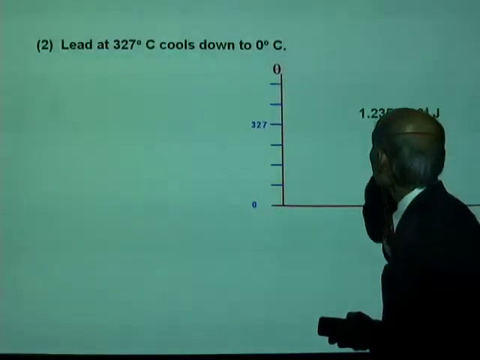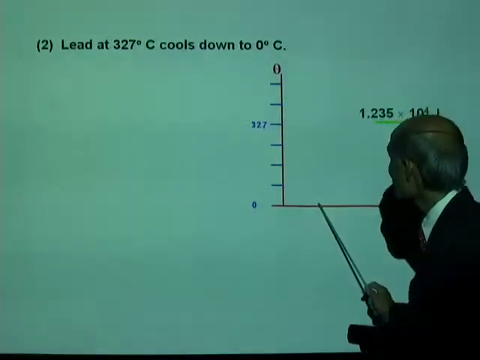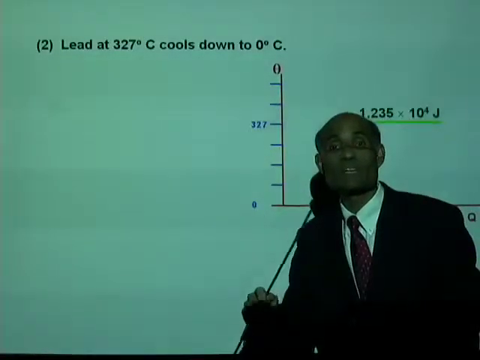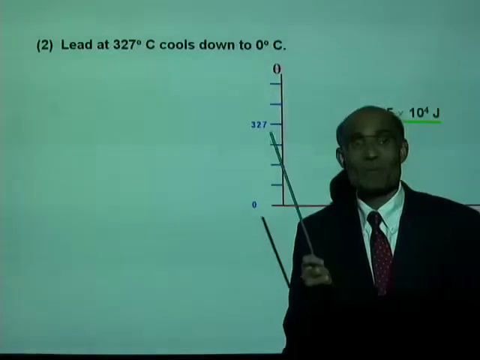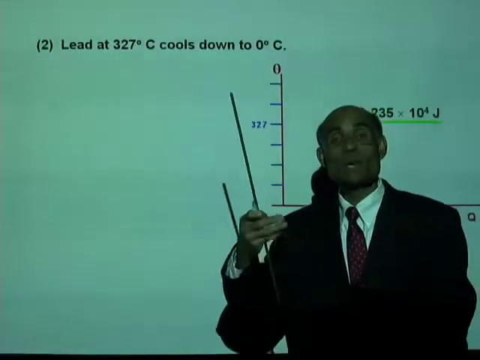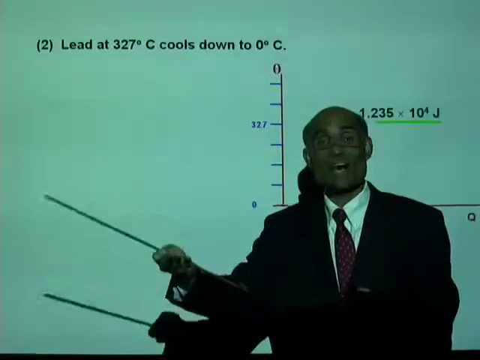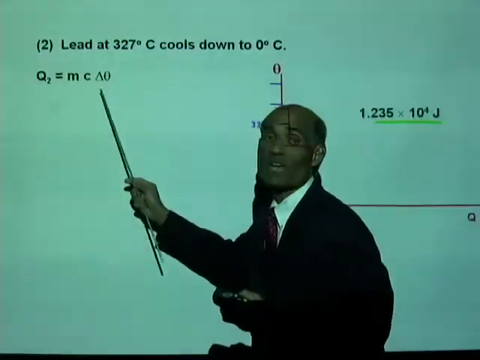Lead at 327 cools down to 0 degrees Celsius. What is the amount of heat liberated during that stage? There is a change in temperature. The amount of heat liberated is mass times specific heat of lead times the change in temperature, mc delta theta.